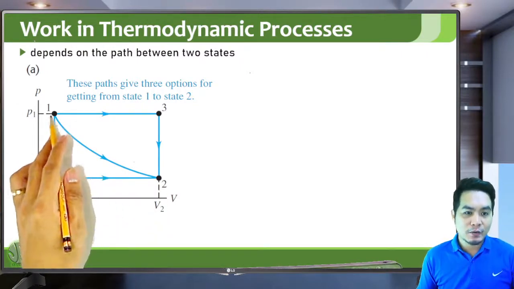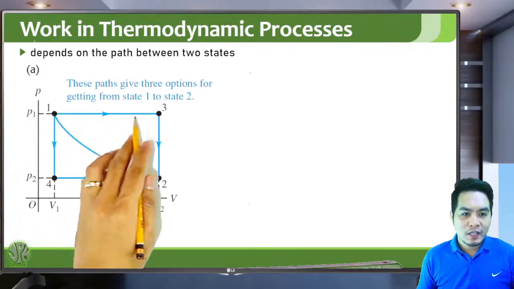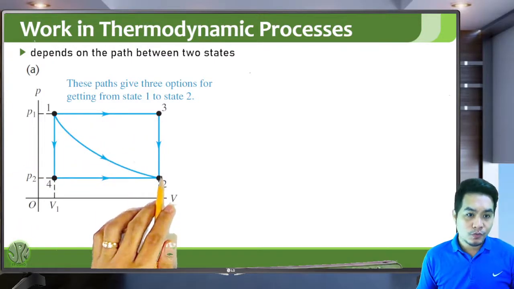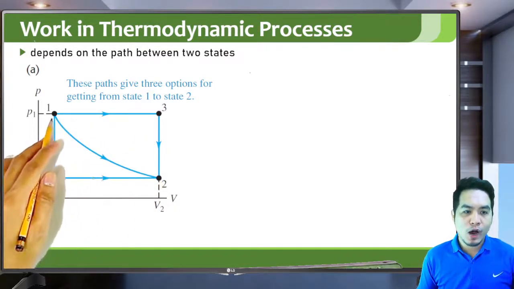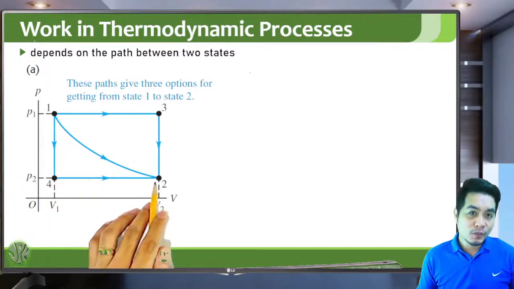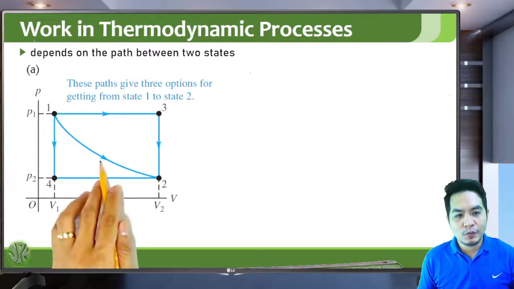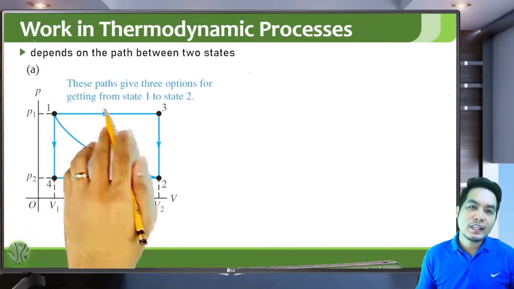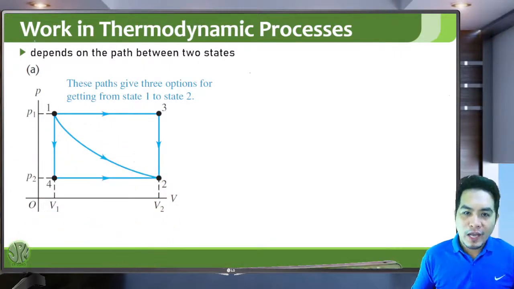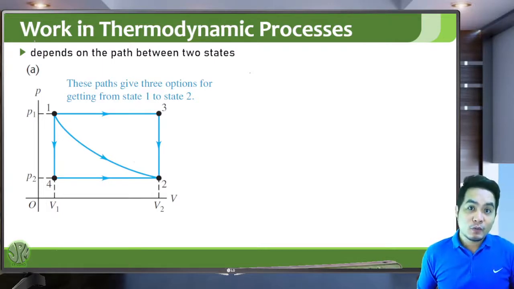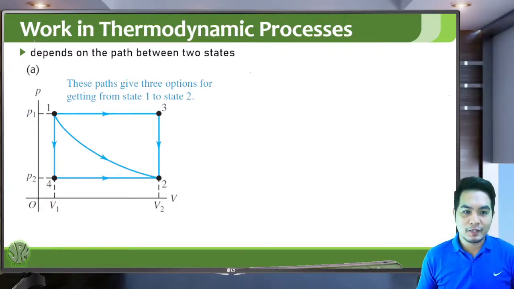You can either follow the path 1, 3, 2, or the path 1, 4, 2, or this curved path here directly from 1 to 2. And each of these 3 paths will have different amounts of work done on or by the system.